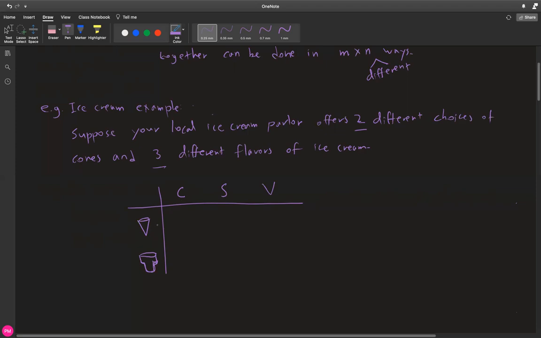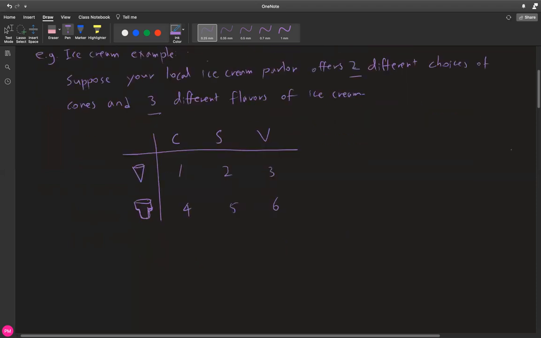Then you can see, in this pointy cone, you can have chocolate and strawberry and vanilla. And also in this McDonald's style cone, you can also have three different flavors as well. So you can see that we have 1, 2, 3, 4, 5, 6 different choices. I wish I could draw all these pictures, but let's save some time.